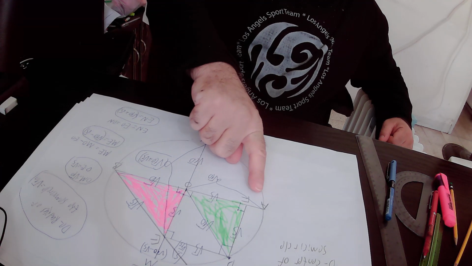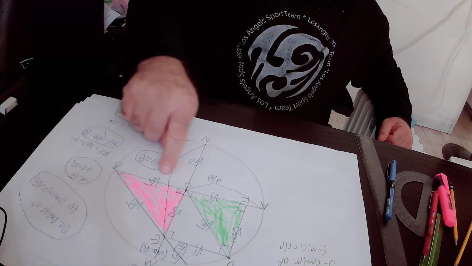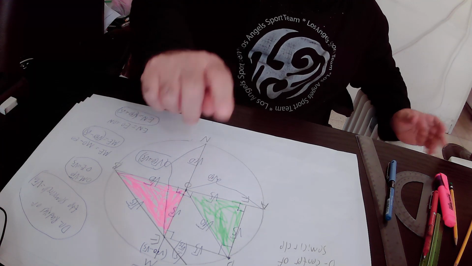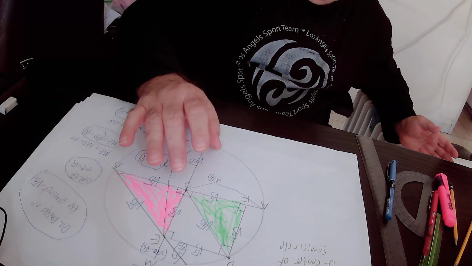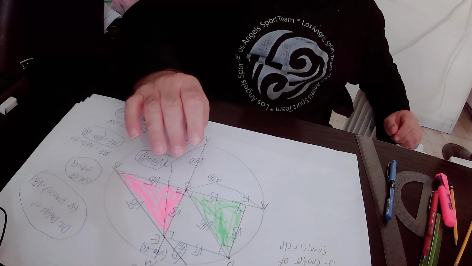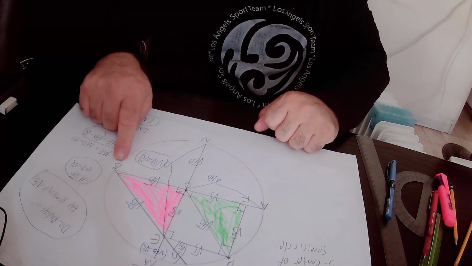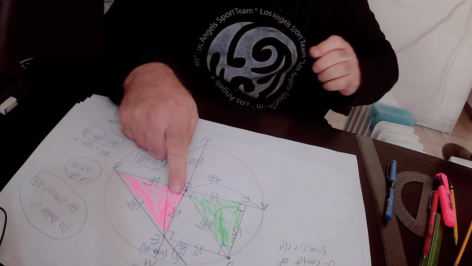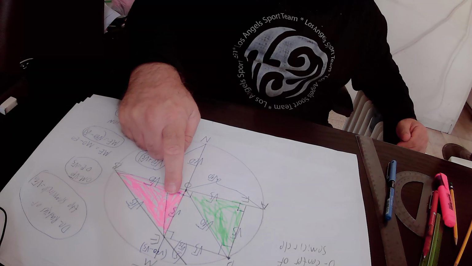So if you focus on the upper side of the straight line AB at point O, the sum of the angles must be equal to 180 degrees according to rule number 1. So which angles do we have on the upper side of AB? We have this angle that is equal to 90 degrees plus the missing angle. In total, they must be equal to 180 degrees.